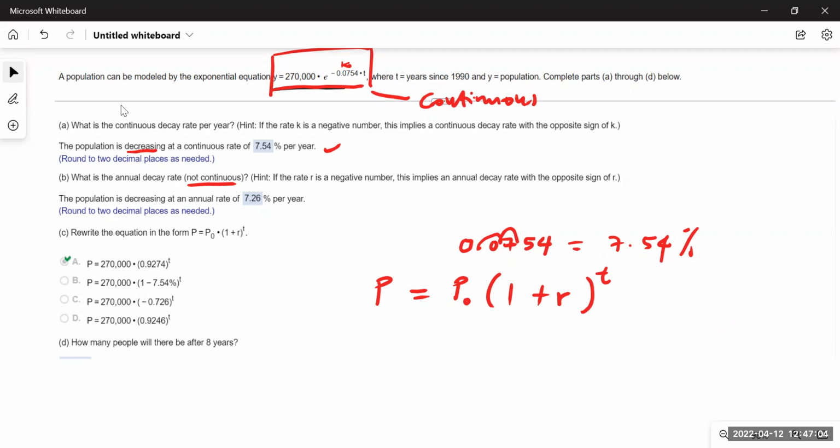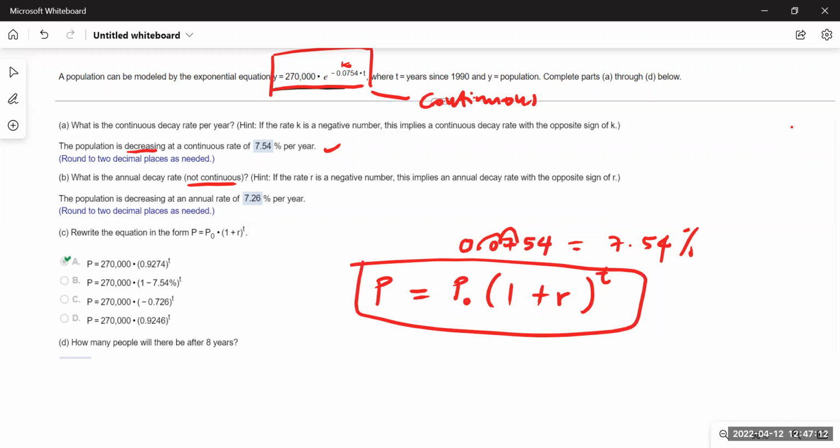You remember that? So now to transform from the continuous into the non-continuous form, you have to use e exponent k is equal to 1 plus R.